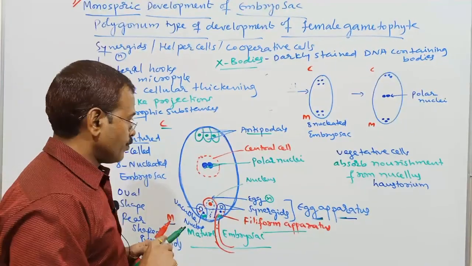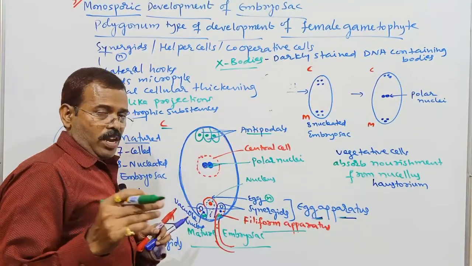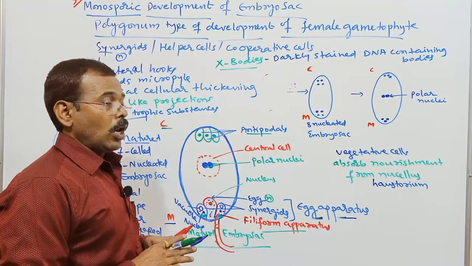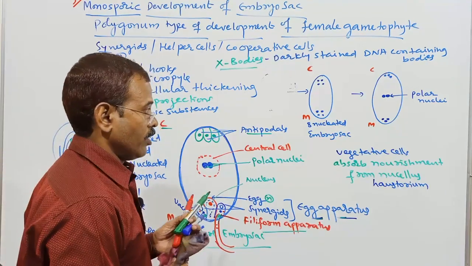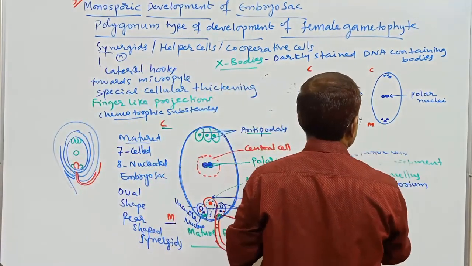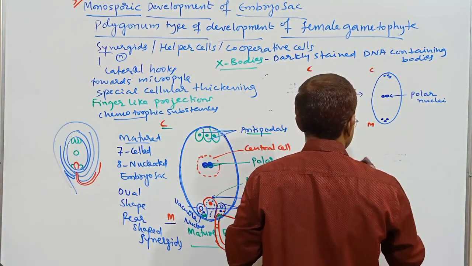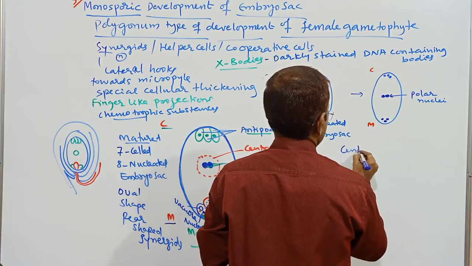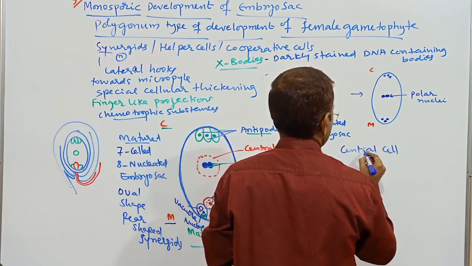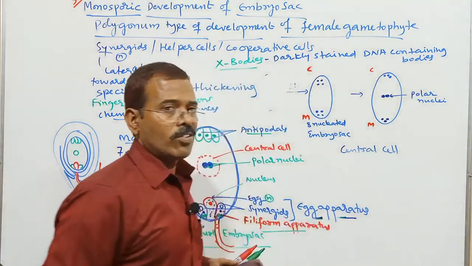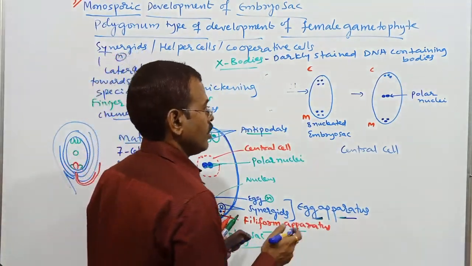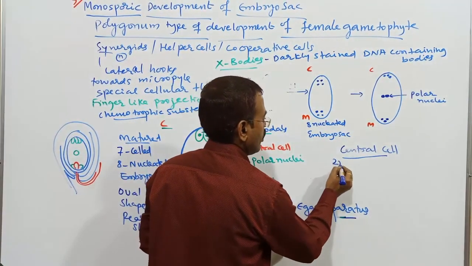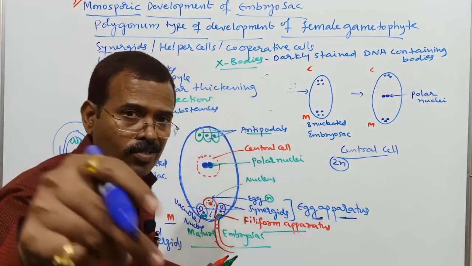Now listen, in the center of the embryo sac, the female gametophyte, there is the largest cell in the female gametophyte. That largest cell is the central cell. This central cell is diploid.